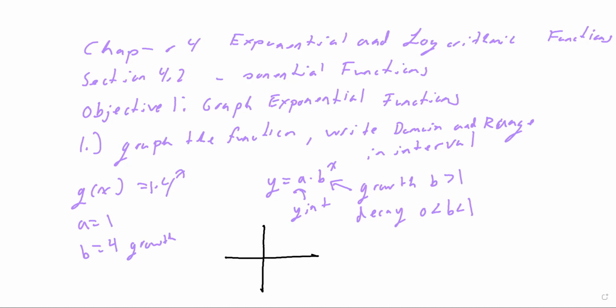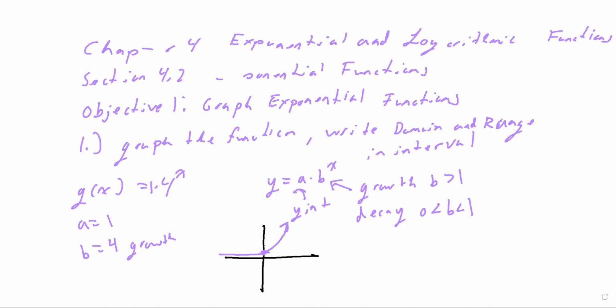I don't know how specific your homework is going to make you get, but this is what I'm looking for. I want you to plot the y-intercept. And then knowing that it's a growth, it needs to be shooting up. There will be a horizontal asymptote at y equals 0, and you should see a line that follows that and then gradually goes up. They're probably going to have you write 2 or 3 points and plot them.